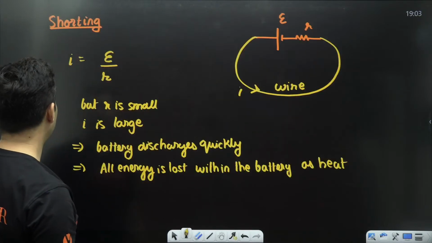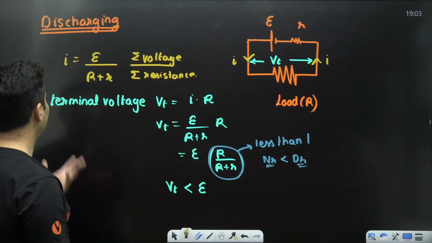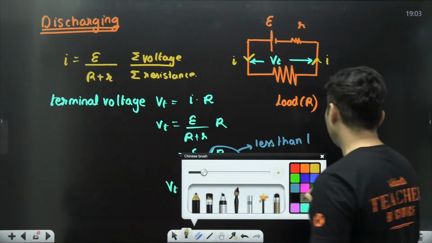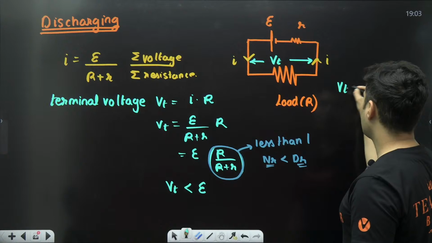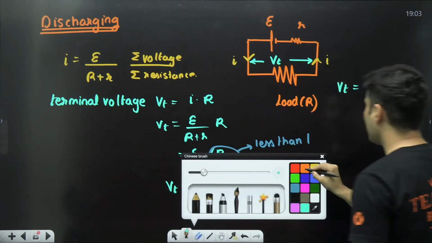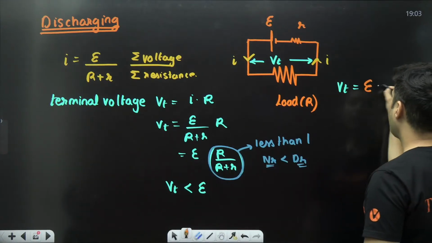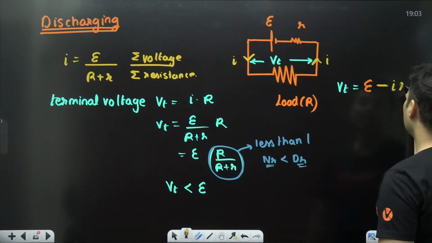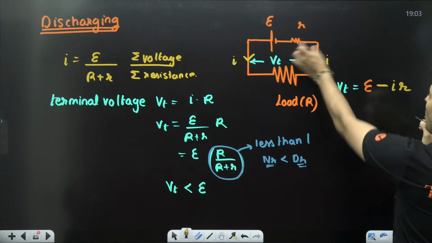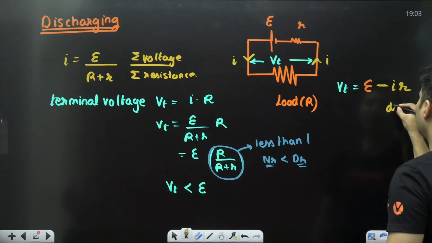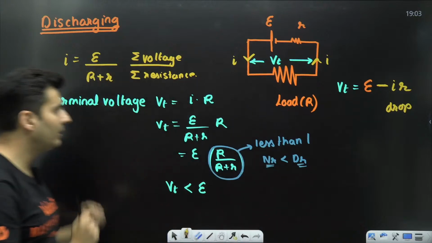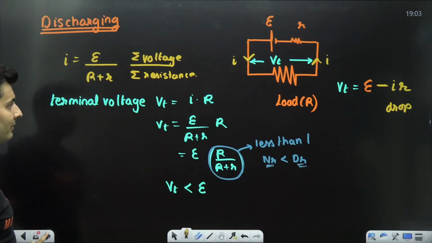Remember, in the case of discharging, it is exactly opposite. Here your terminal voltage would be E minus IR. Very, very important. E minus IR. Because there is some drop in that internal resistance. That's why the terminal voltage is lesser than the EMF.